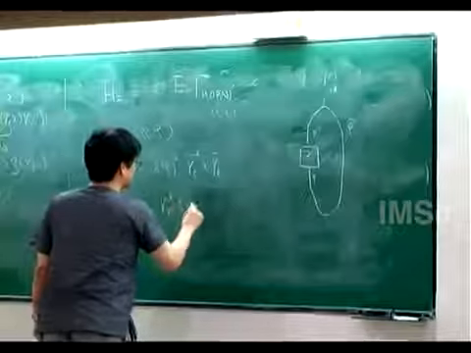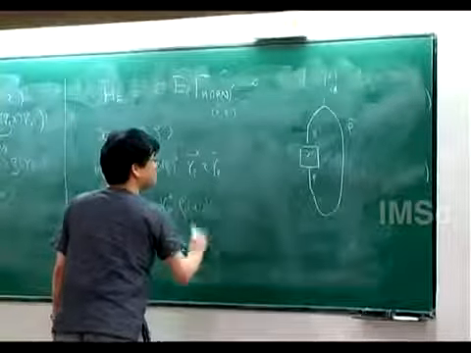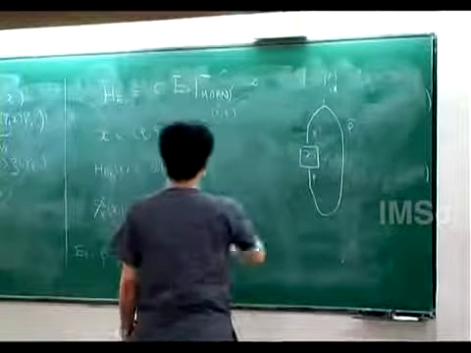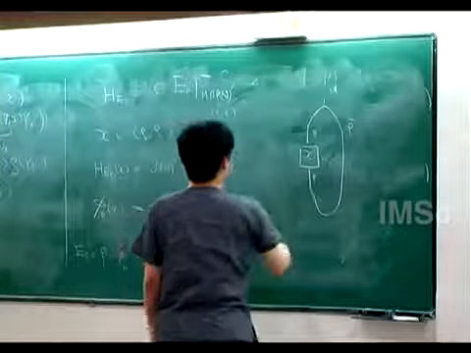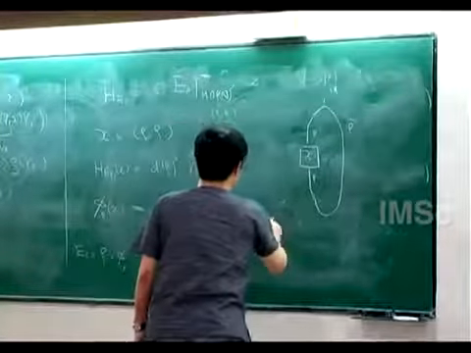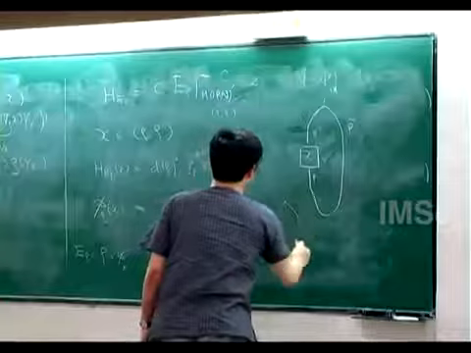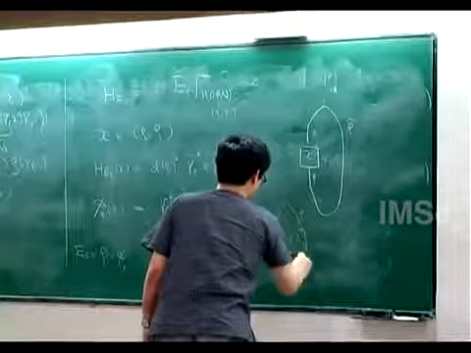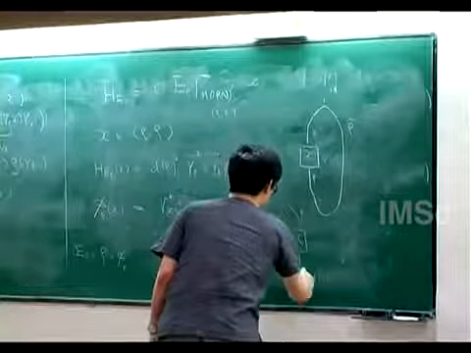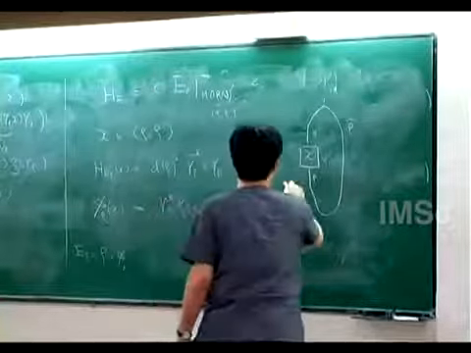Then this is rho bar x rho. So first this intertwiner comes, rho bar rho. Then you have x.